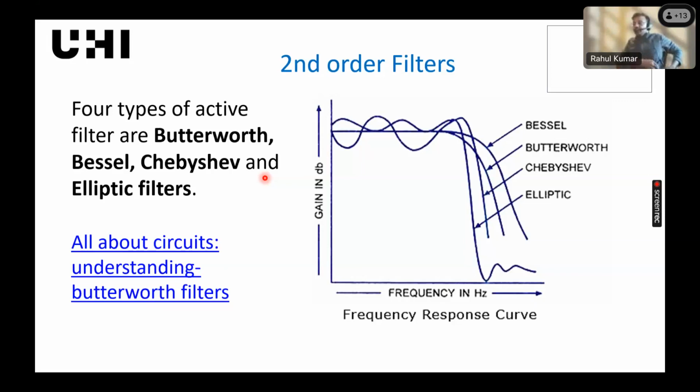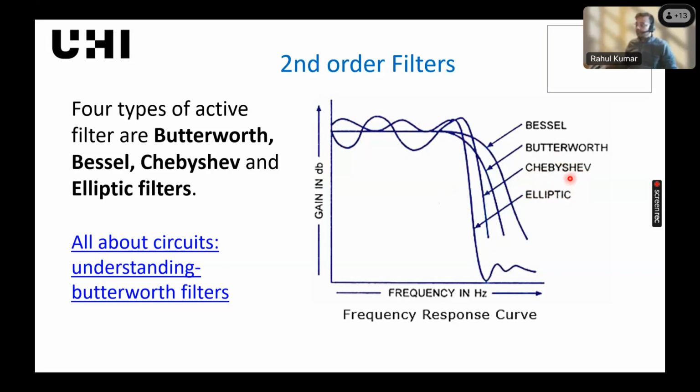So maybe in some application, your requirement is to have a sharper slope. You don't care much about ripples, or you can do with some ripples in the pass band, but you need a sharp cutoff. So in that case, you can use either Chebyshev or elliptic.